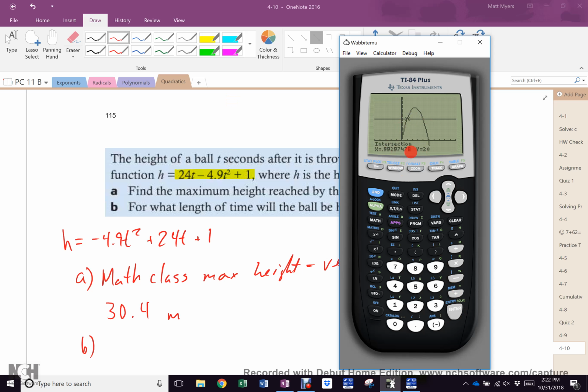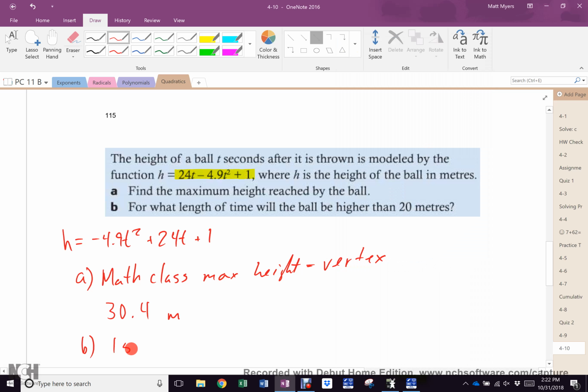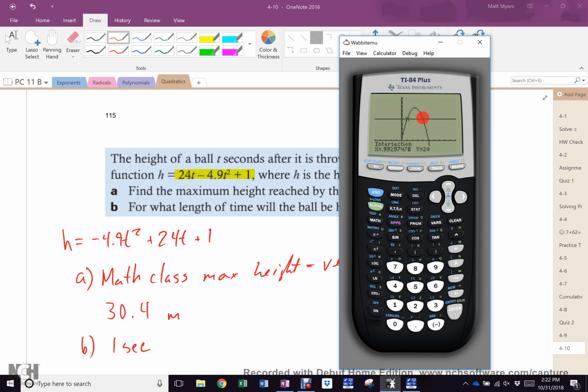What's X? 0.99. X is our time, isn't it? So when did it hit 20 meters? At 1 second. Did it hit 20 meters again? Right over here, correct? You go tell me what that one is, using the intersect function.